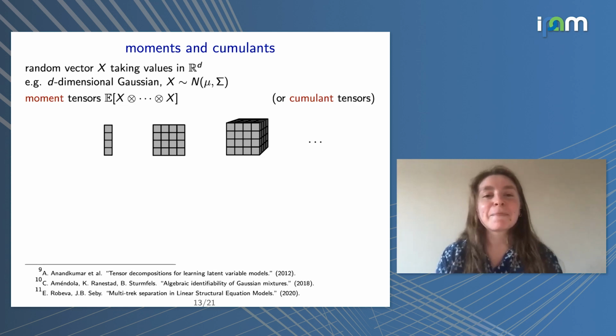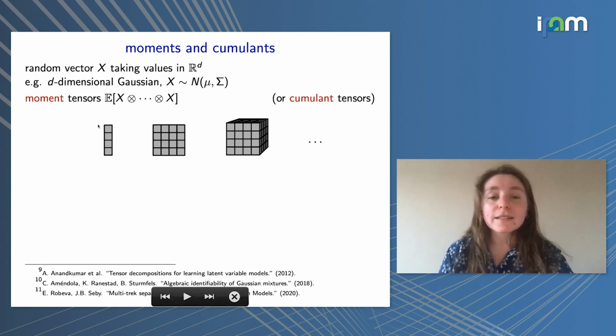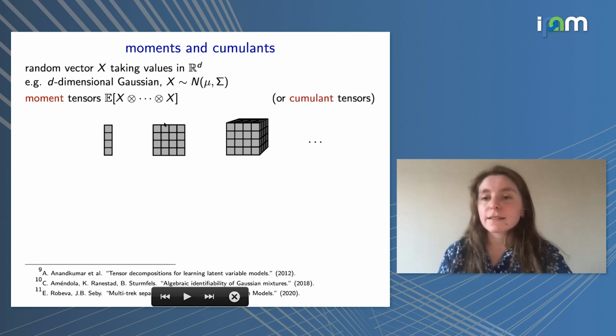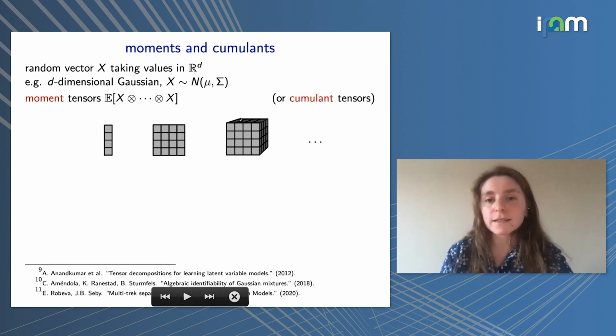Okay, so we get some sequence of moment tensors. For example, our first moment is just the expected value of x. Our second moment is the expected value of x tensor x. Our third moment is the expected value of x tensor x tensor x, and so on.